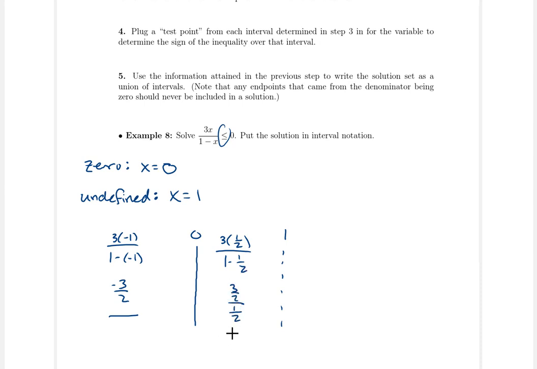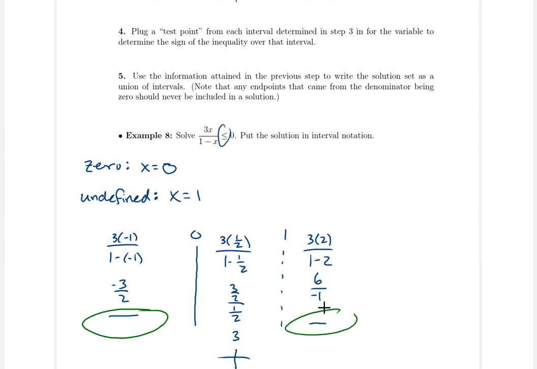And I guess that equals 3, but all that really matters is that it's positive there. And then let's do 3 times 2 over 1 minus 2, so that's 6 over negative 1, so that's negative. And of course, we wanted things that were less than or equal to 0, so we're picking these intervals here.